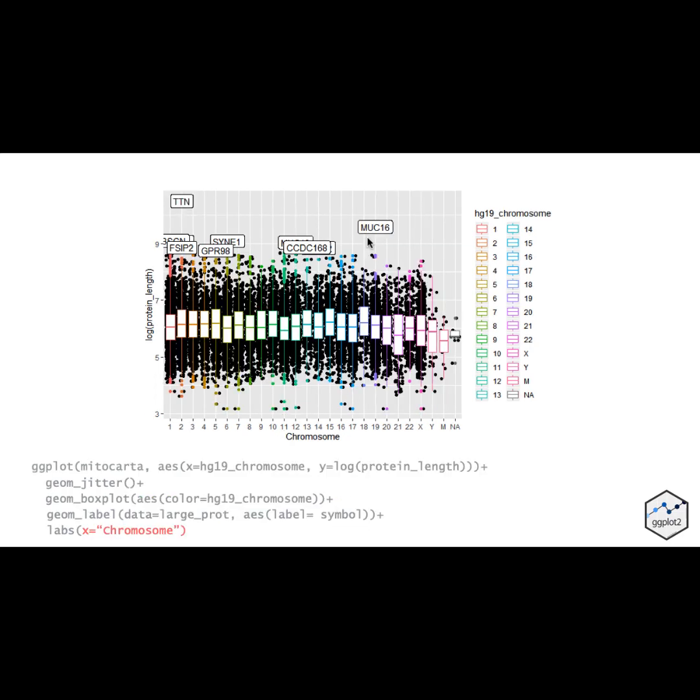So we can do this by simply adding a line to our plot called labs, and this stands for labels. And this is a pretty simple function to use. In this case, I'm going to change the name of our x-axis to chromosome. So I just put in plus labs, and in the parentheses I wrote x equals "chromosome".